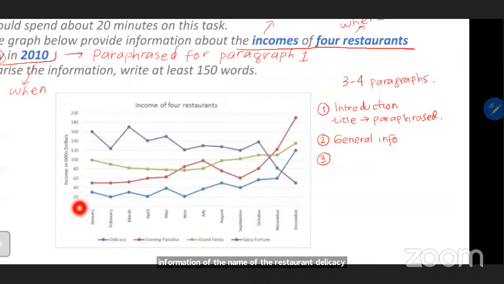So you have to know all of this information, and you can introduce this in general in paragraph 1, and paragraph 3 you get more specific. Like for example, you say compared to everything, in the end, Spicy Fortune, the purple restaurant, has the least income at the end of the year compared to Grand Fiesta, Evening Paradise, and Delicacy.